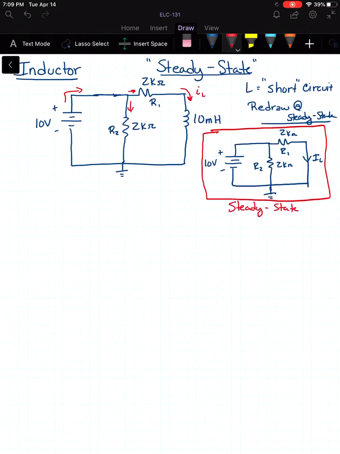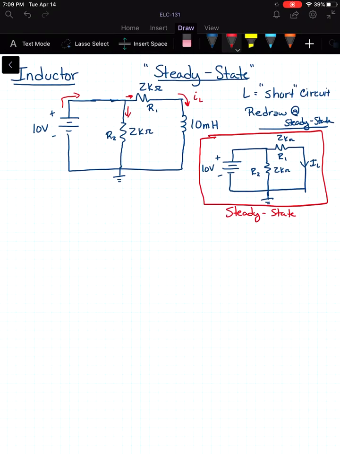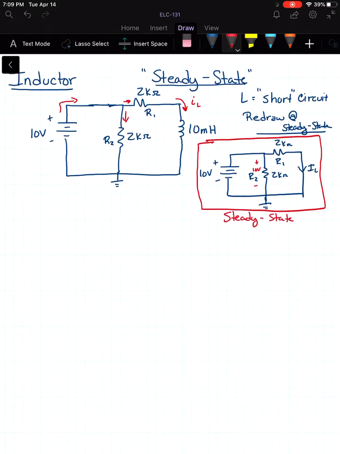Well, this 10 volts is in parallel with R2. So I've got 10 volts there. The 10 volts is also in parallel with R1. So I've got 10 volts there as well. The inductor looks like a short circuit, so that's really just connecting that resistor R1 to ground.